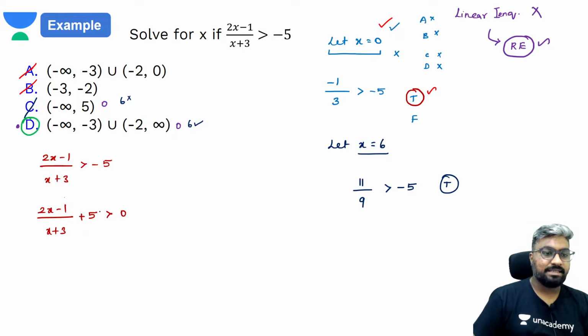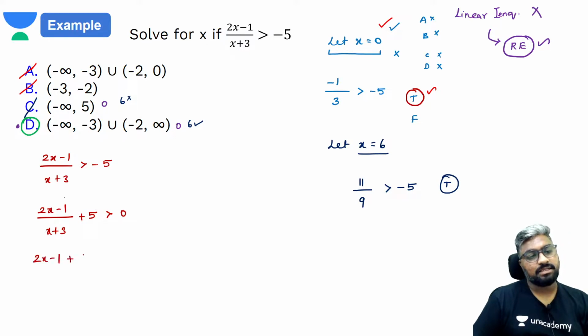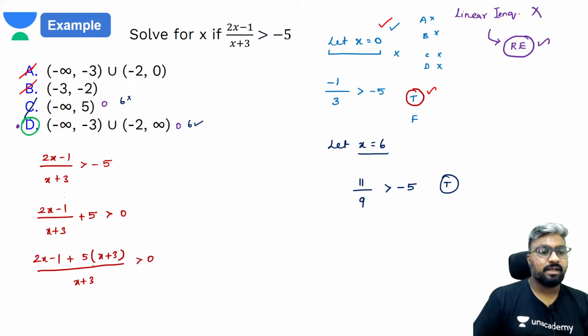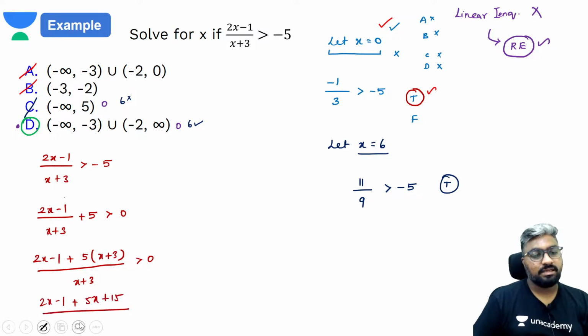5 है यहाँ पे, एलसीएम लोगे, so what will you get, 2x minus 1 plus 5 into x plus 3 whole divided by x plus 3 is greater than 0. समझ रहे हो? So this will give you what, 2x minus 1 plus 5x plus 15 divided by x plus 3 greater than 0.